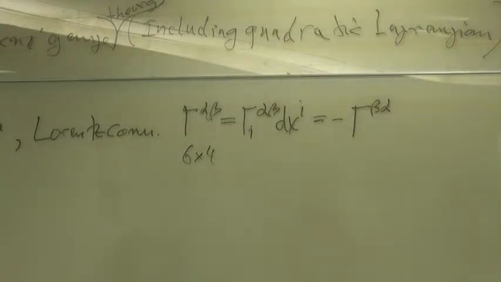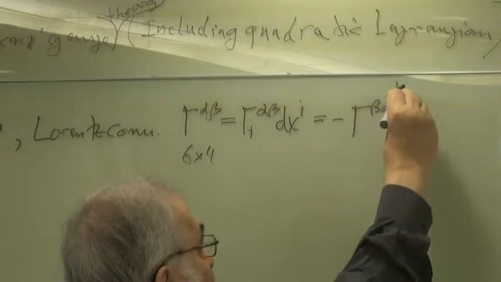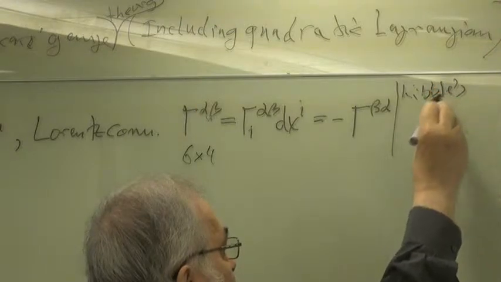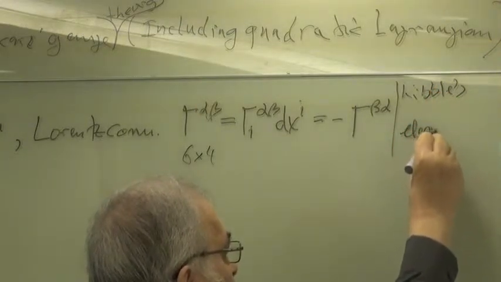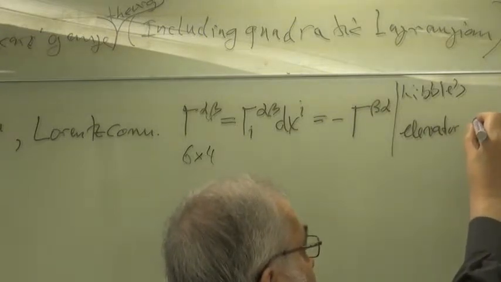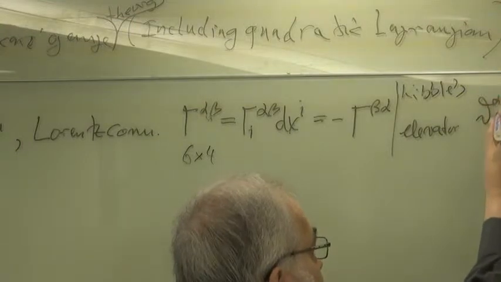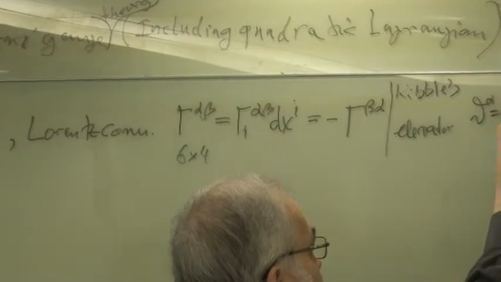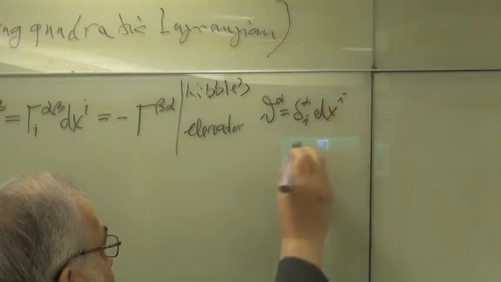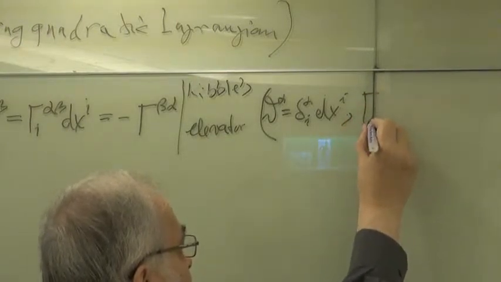We also learned that we have a generalization of the Einstein elevator. We could call it Kibble's elevator. That locally at one point we can always normalize that theta alpha becomes Kronecker delta alpha i times dx^i, so it's becoming trivial, and gamma can be locally transformed to 0.